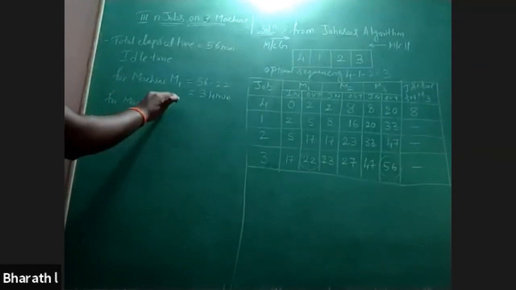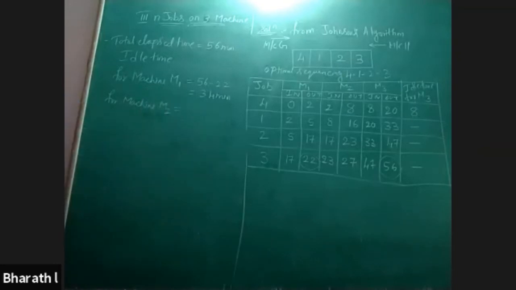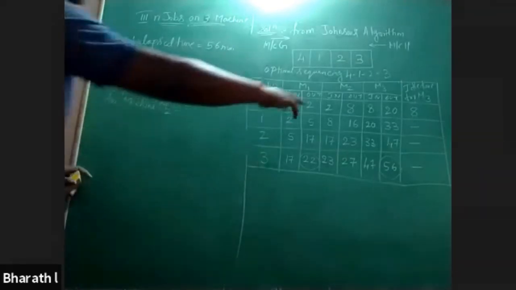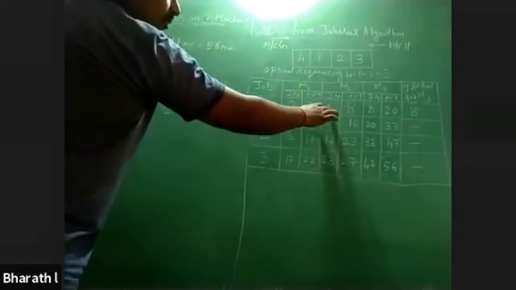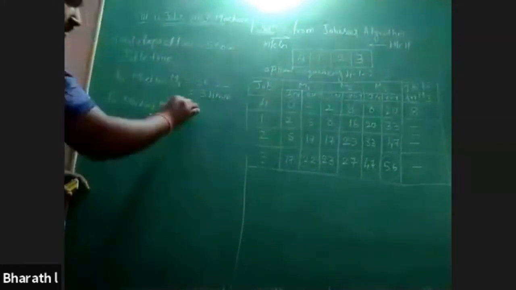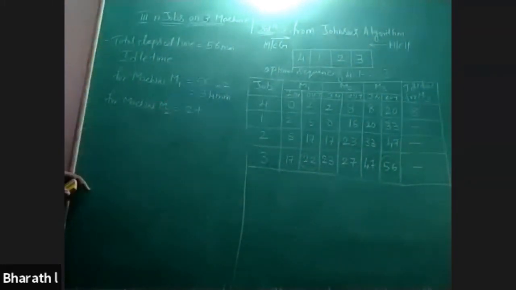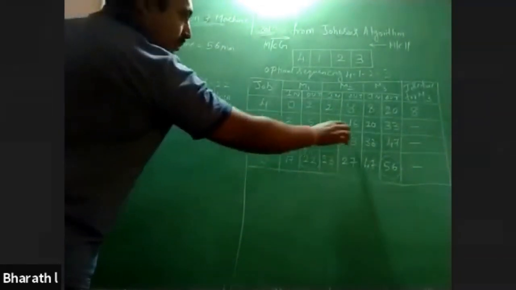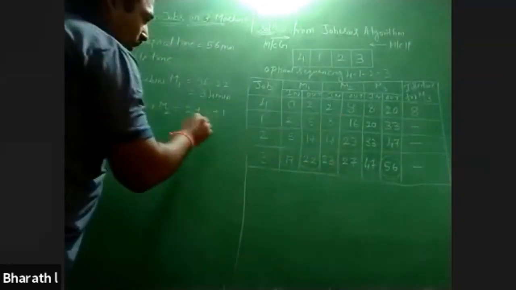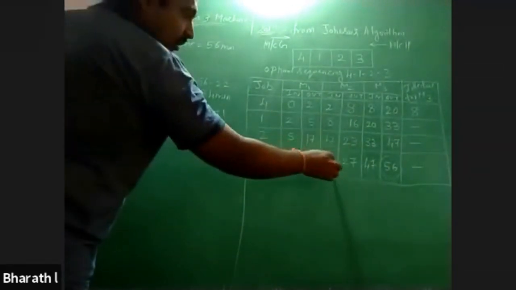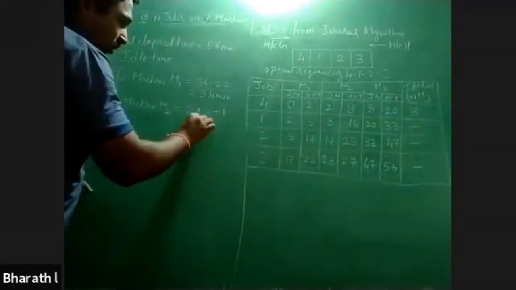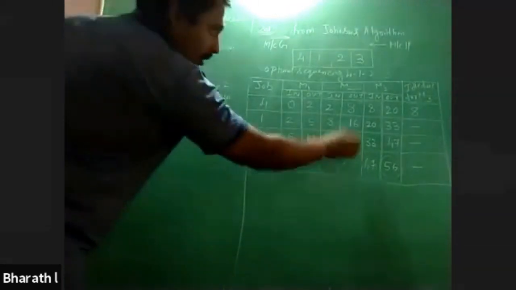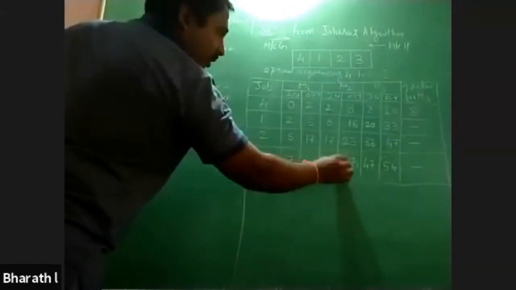For machine 2, M2, here machine 2 has to wait for 2 minutes to get job 4, and then 2 plus 8 minus 8 is 0, plus 17 minus 16 is 1, plus 33 minus 33 is 0, plus the out time for machine 2 is 27.